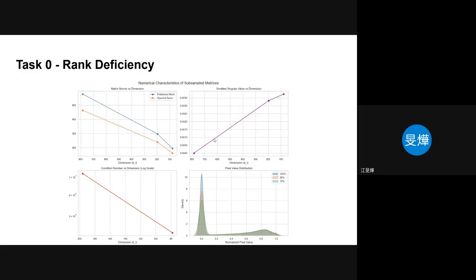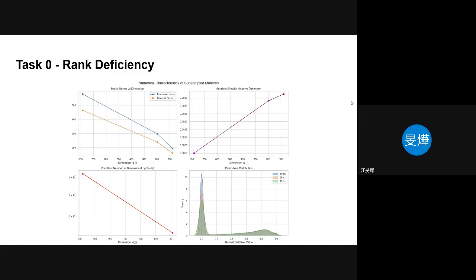This graph shows a numerical characteristic of our matrix as we subsample them from 100% down to 10%. And this is where we found something very interesting. So start at the top left chart.